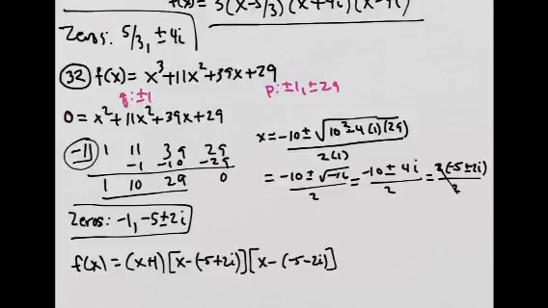And then you would just distribute the negative in each of the factors with the i's. Plus 5 minus 2i, and then x plus 5 plus 2i.